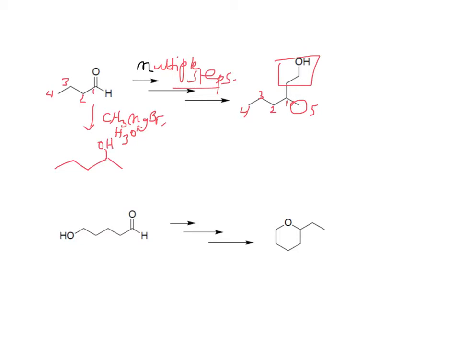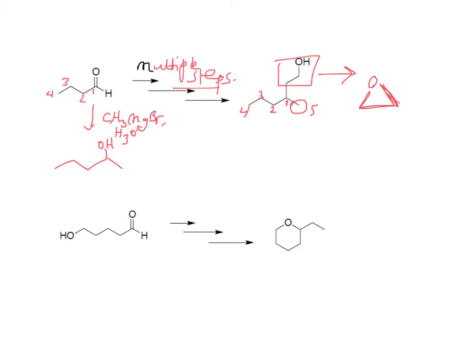Now, once you have generated the secondary alcohol, you have to replace that OH and add 2 carbons and 1 oxygen. How can you do that? We learned in class in chapter 18 that that can be done if you treat it with an epoxide, because an epoxide is 2 carbons and 1 oxygen.